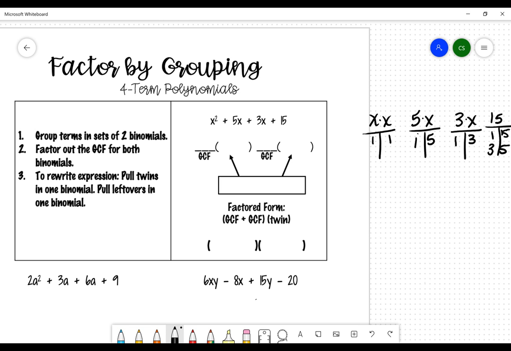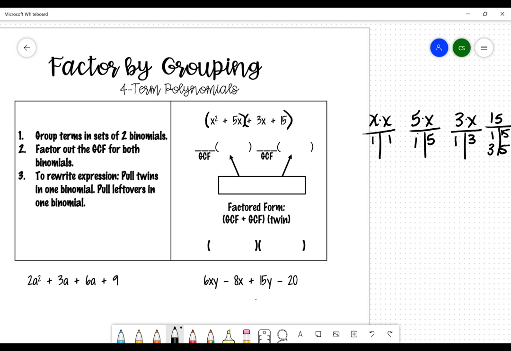So basically, I don't have a greatest common factor, but I can still factor this. I can factor it by grouping my 4-term polynomial into 2 binomials, simply by putting a parentheses around the first 2 terms and a parentheses around the second 2 terms, making me have 2 binomials.